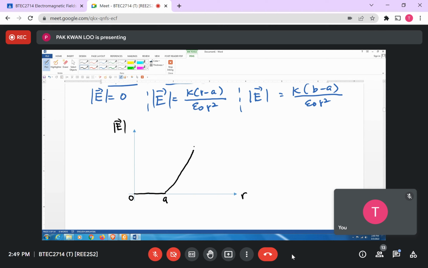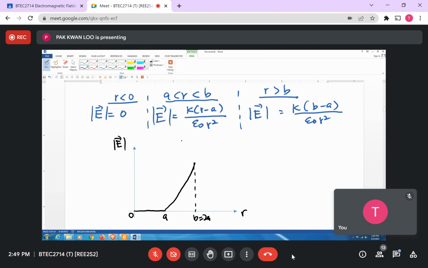So until b, if b equals 2a, so this is a, and this is b equals 2a. Now for this region, it varies with 1 over r squared.